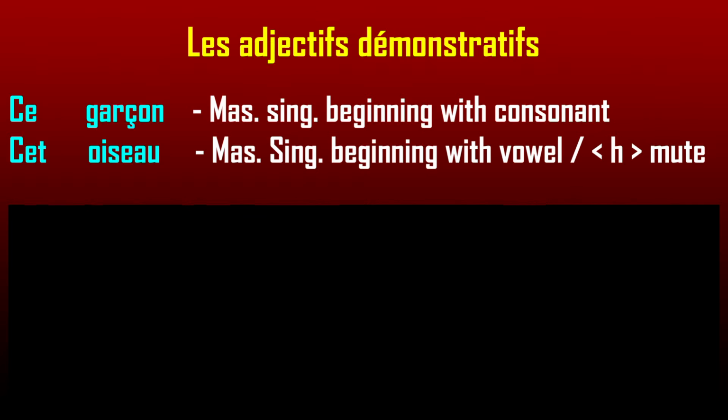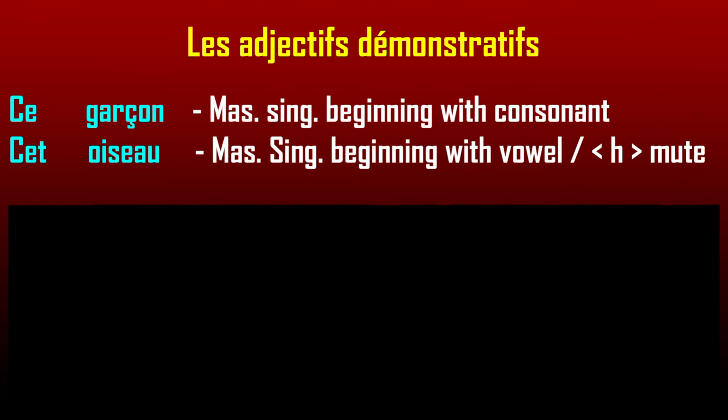For the sake of euphony, an enchaînement that enables the free flow of the language, we have two words to be used as demonstrative adjectives in front of masculine singular nouns. Ce garçon, cet oiseau.